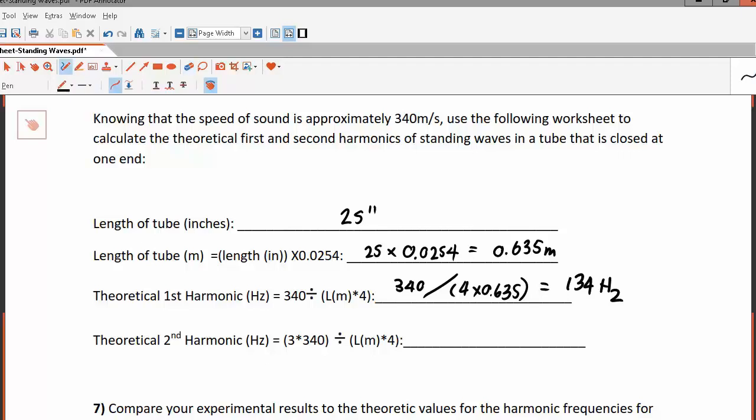Let's look at the second harmonic. To calculate the second harmonic, that's going to be 3 times 340 divided by 4 times 0.635, which is basically just 3 times the value for the first harmonic. So I get 402 Hertz.